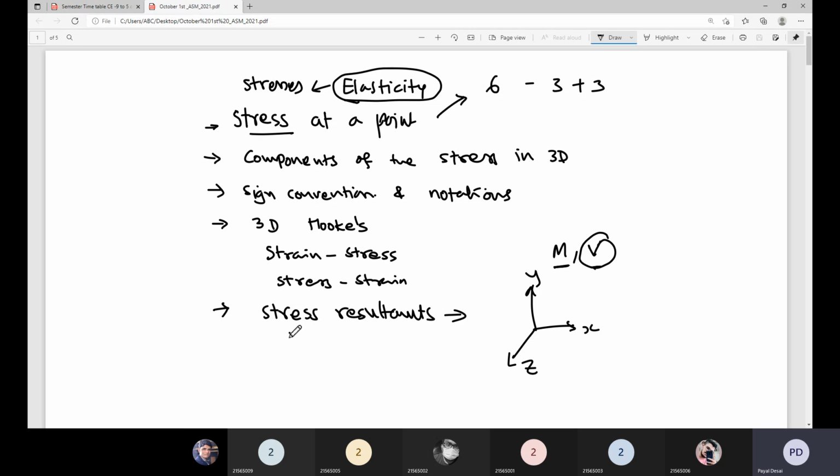So this is about stress resultants. Last class we discussed how you can integrate those forces, tau xy, tau yx, yz or zx, and sigma x, sigma y, sigma z, to get the axial force. I forgot to mention that there can be an axial force also, which we may call N, along with the shear force and the moments.